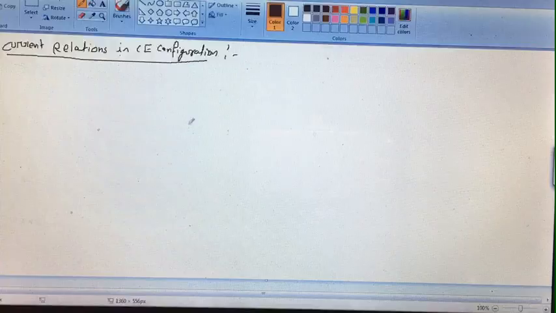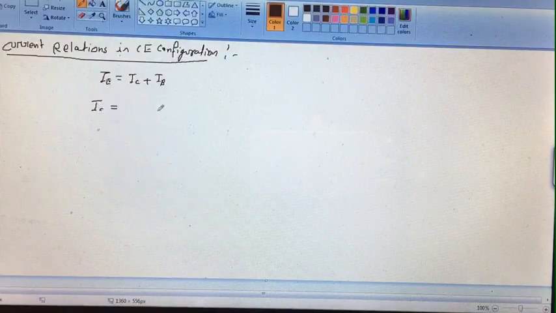In this case, we know that IE is equal to IC plus IB, and IC is equal to alpha times IE plus ICO. Here alpha is used for DC because we have considered no change in the current.